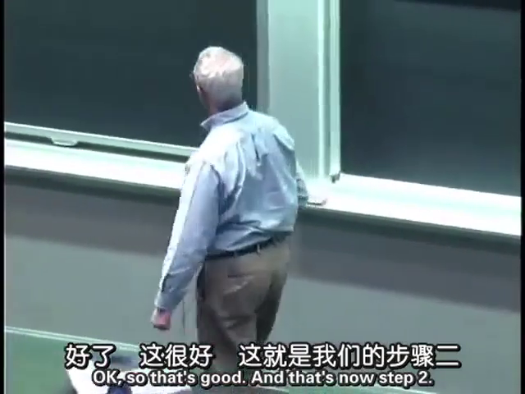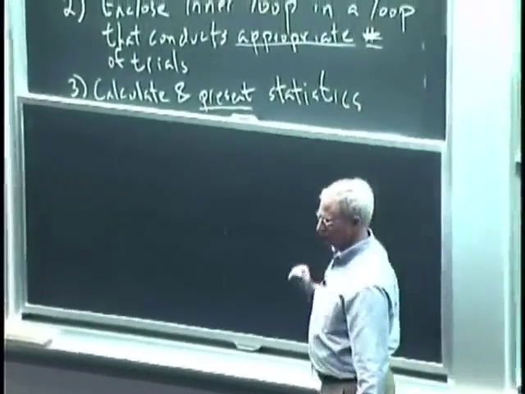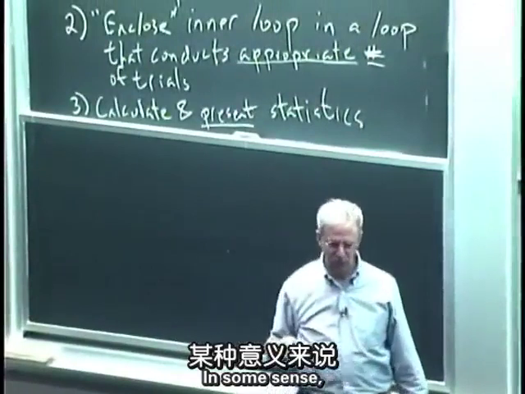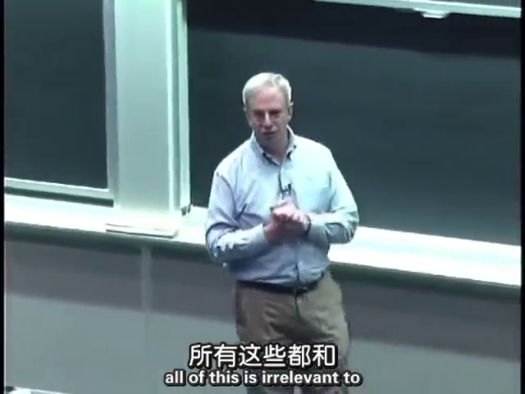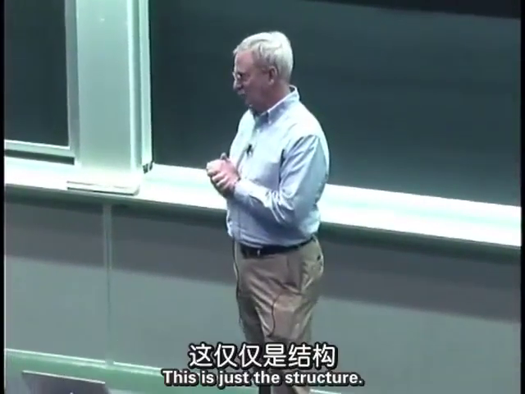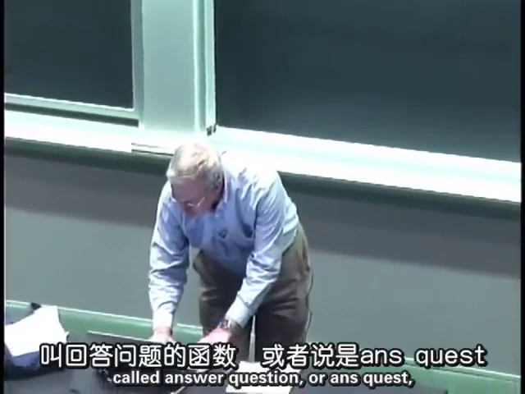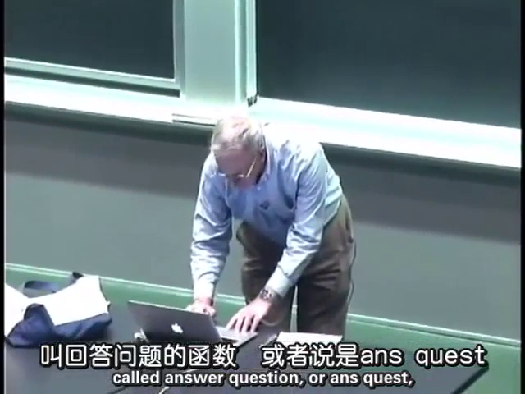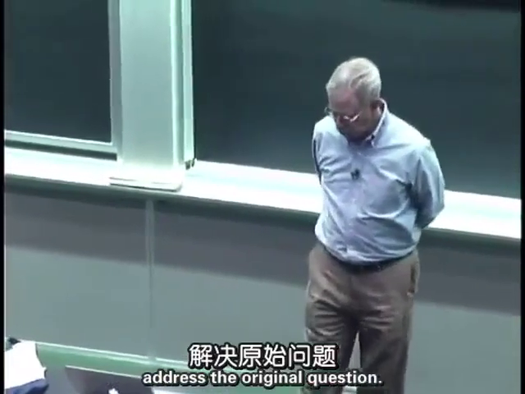And that's now step 2. In some sense, all of this is irrelevant to the actual question we started with. This is just the structure. Then I'm going to write a function called answer question, or ansQuest, designed to actually address the original question.